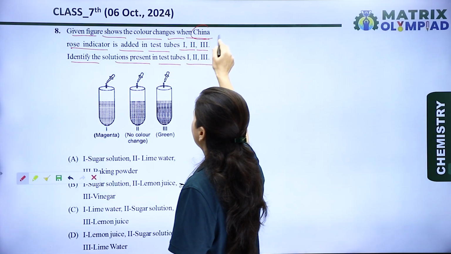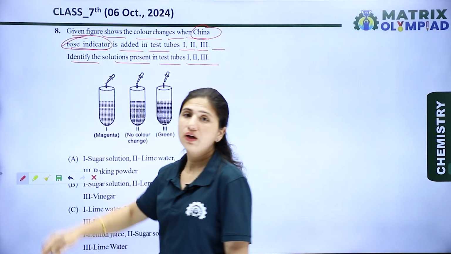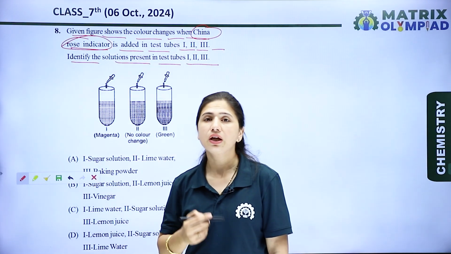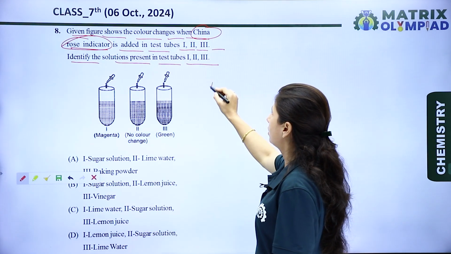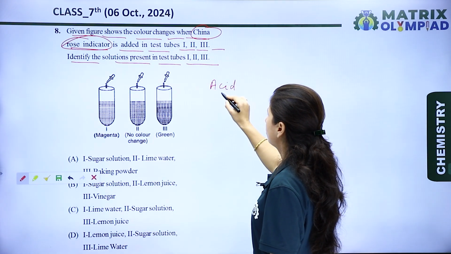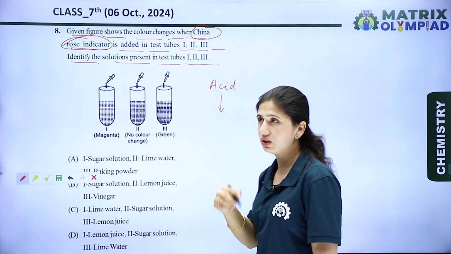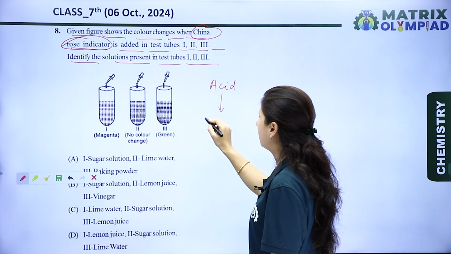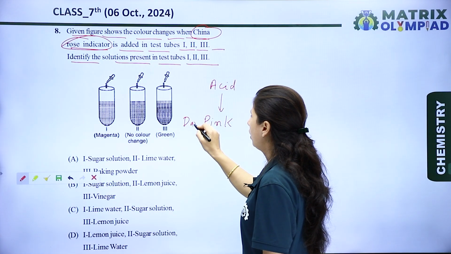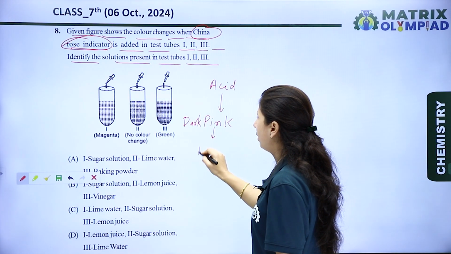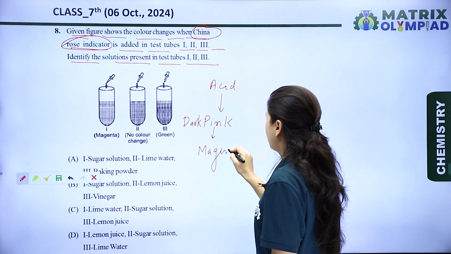China rose is an indicator, a natural indicator. When we add China rose to any acidic substance, the color of the China rose indicator, the pink color, converts into dark pink color, or we can say it may be converted into magenta color.